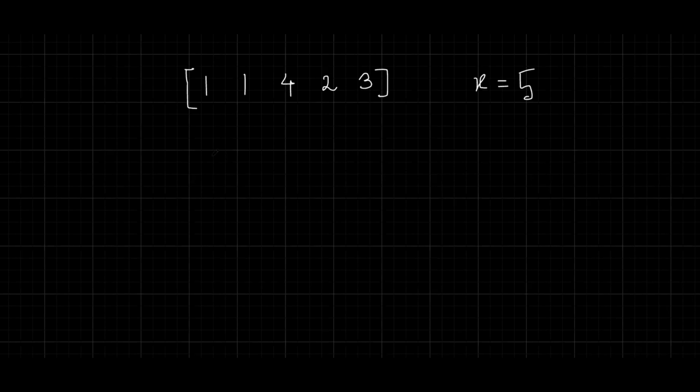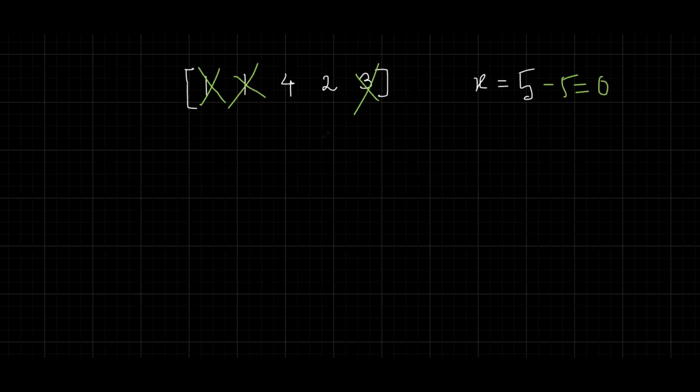Now, to solve this problem, we have taken the first example. Here, we have 5 elements, which are 1, 1, 4, 2, and 3. Now, the value of x is 5 here. So we can remove this 1, 1, and 3, and their summation will be 5. So if we subtract 5 from 5, it will become 0.